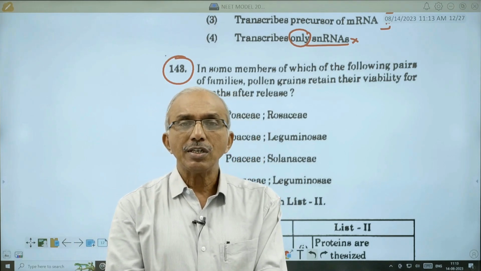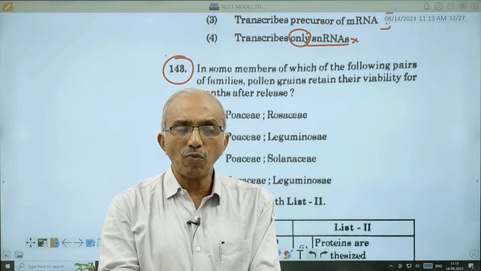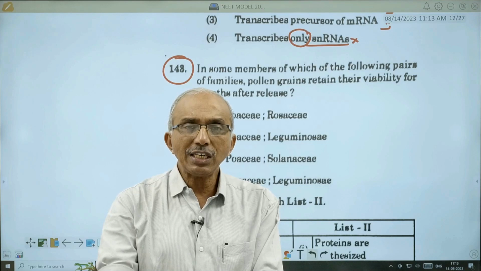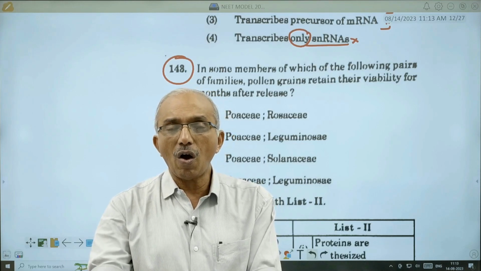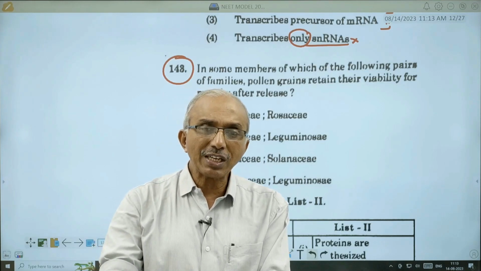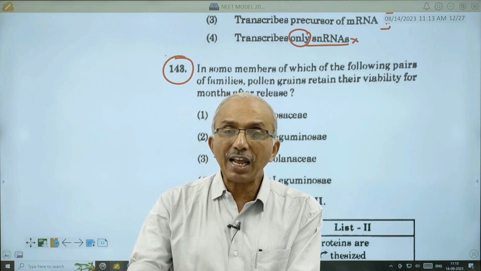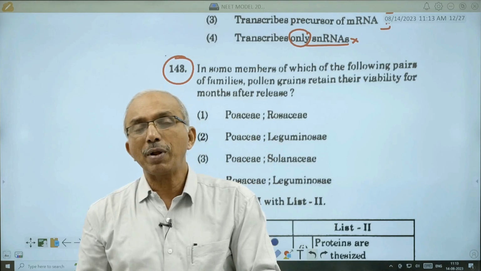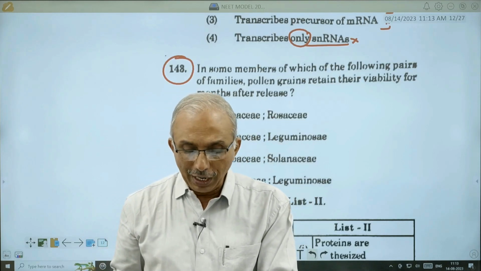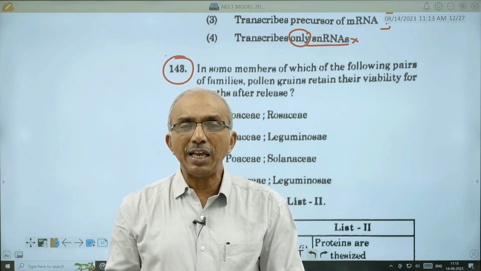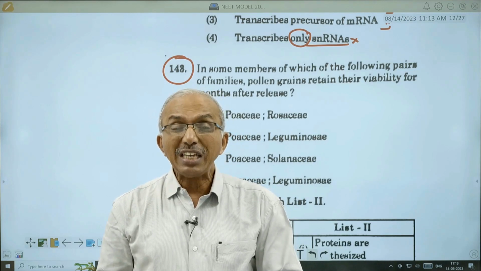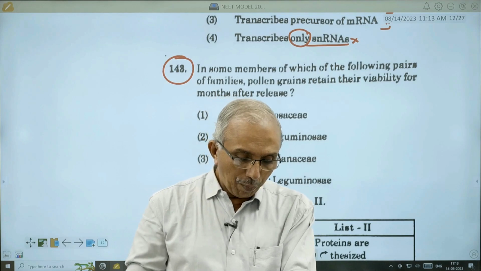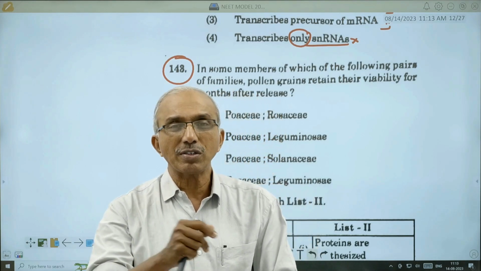That means after the release of pollen grain from the anther, if pollination does not occur within 30 minutes, the pollen grains become non-viable. That means they cannot bring about effective pollination. The best example is the Poaceae family, where pollen viability is very short.